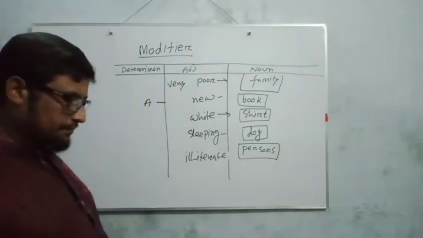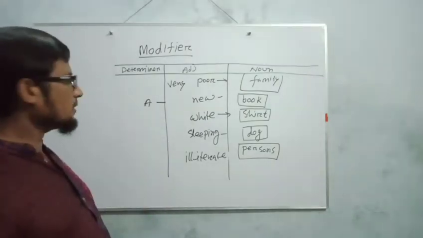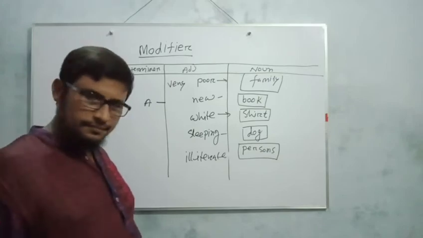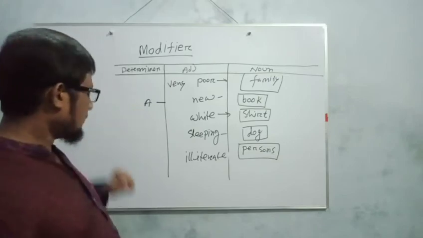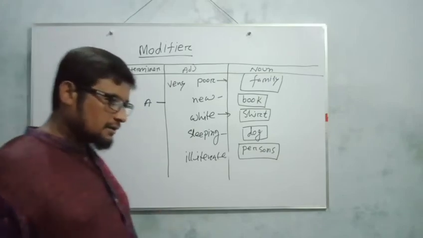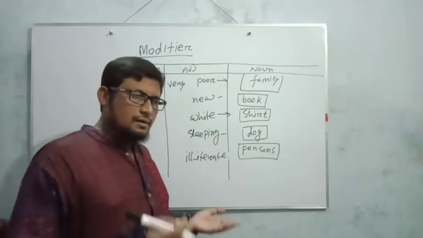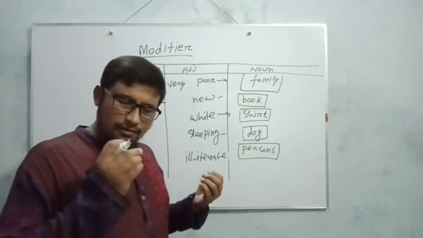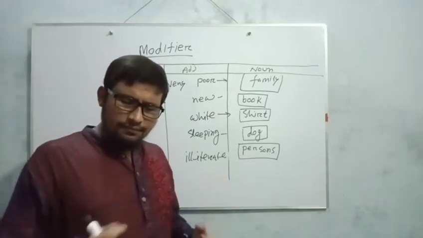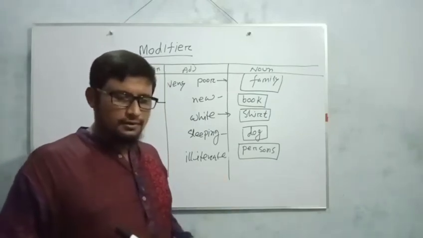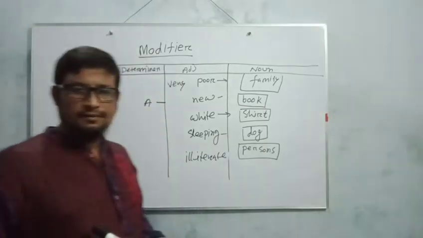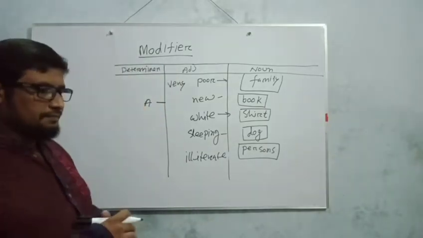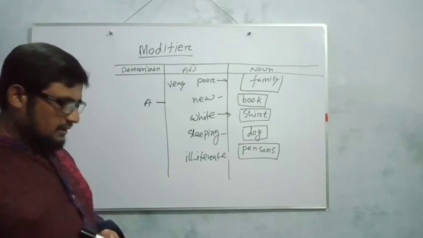But you know that a determiner is also a modifier of a noun, and the first one is article. Actually, is only article the modifier of determiner? No, there are many kinds of determiners. First one is article.